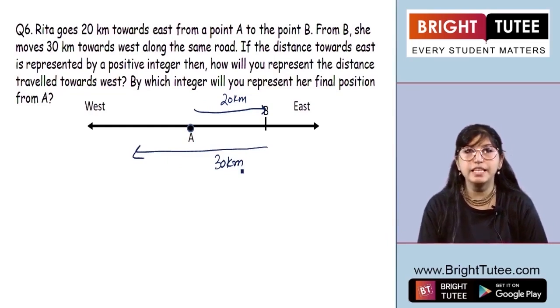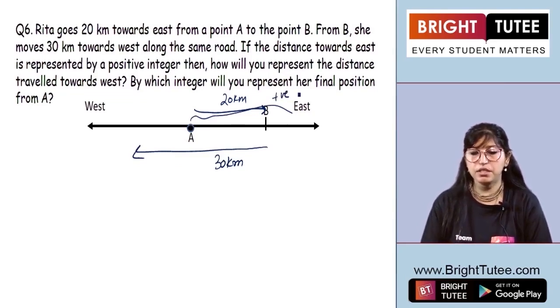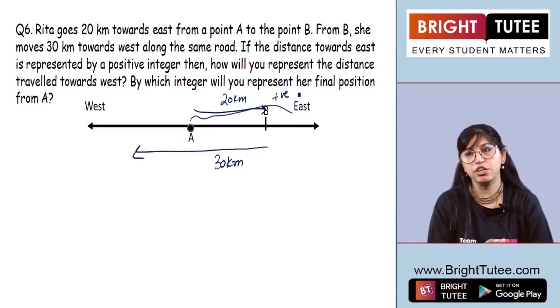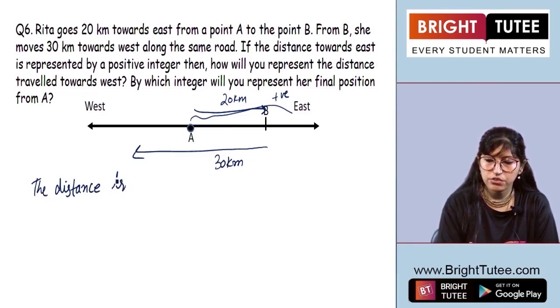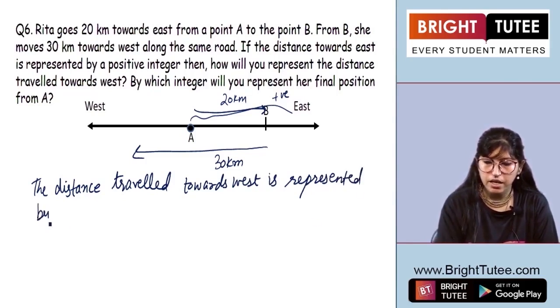Now if the distance towards east, from here to here, is represented as a positive integer, how will you represent the distance traveled towards west? Now we are going to the extreme left, so that will be a negative integer. So the first answer which we need to write down is the distance traveled towards west is represented by a negative integer.